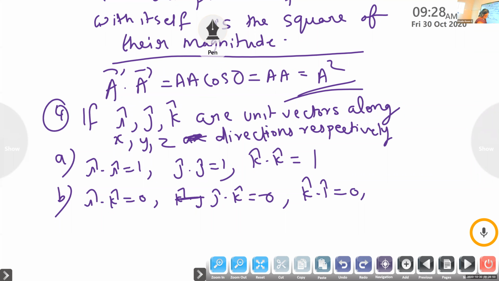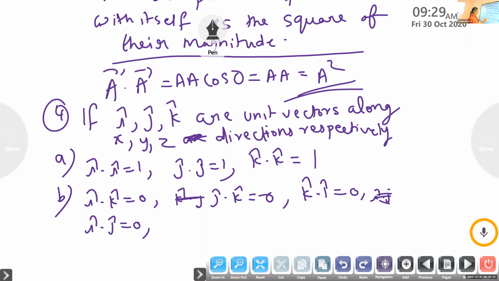Okay, now I will write, because it's going to be the same again. Now just the opposite. I dot k is equal to 0. I dot j is equal to 0. Similarly, j dot k is equal to 0. J dot i is equal to 0. Everything is 0. So write down. What is missing now?